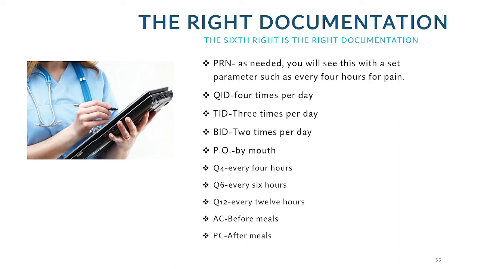It's an inhaled medication every 4 hours. Q6, every 6 hours. Q12, every 12 hours. Another popular abbreviation that we might see is before meals, which is AC, or after meals, which is PC.